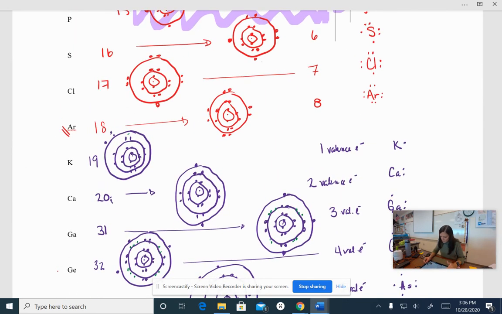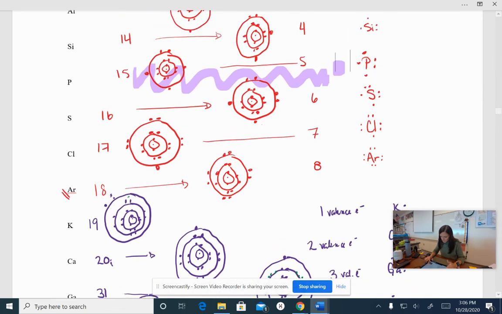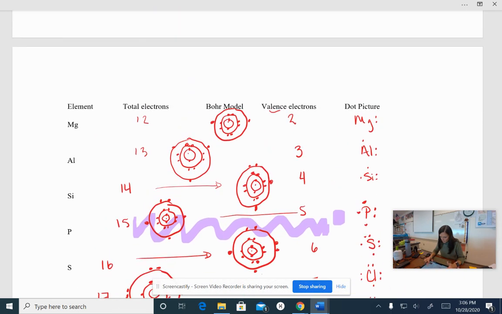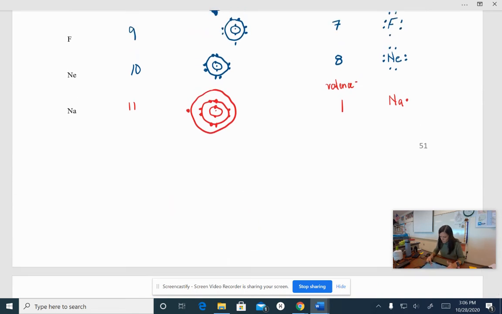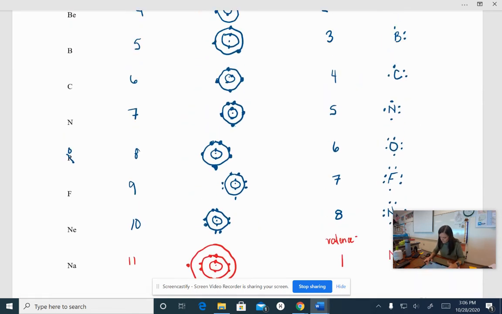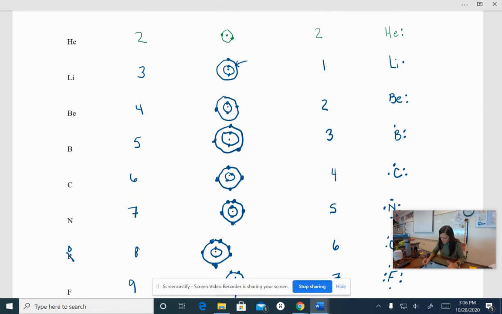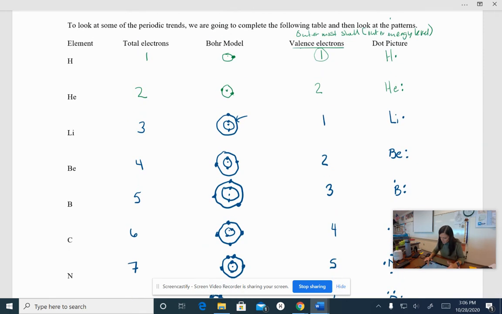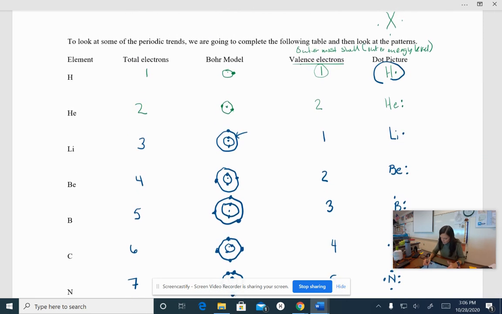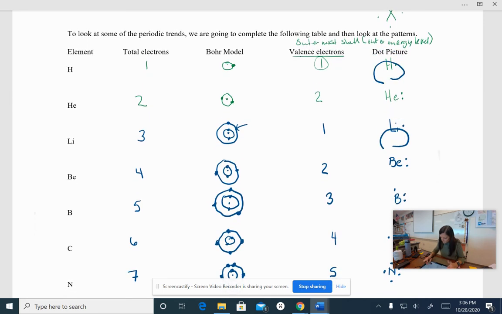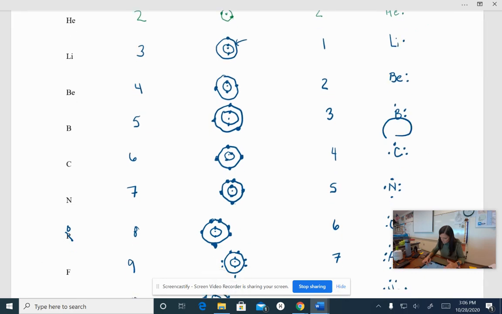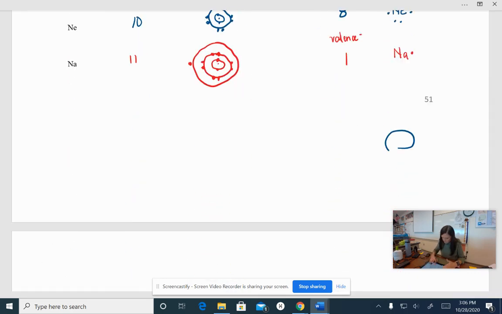Okay, so potassium had one dot. Sodium had one dot right here. Lithium had one dot. And hydrogen also had one dot. So if we look at those, we can say that each of them had just one dot.